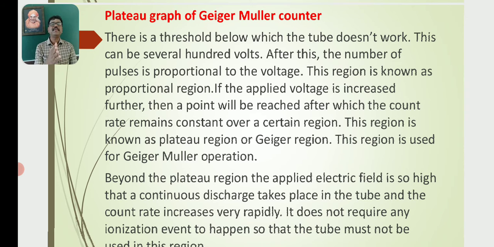If the applied voltage is increased further, a point will be reached after which the count rate remains constant over a certain region. This region is known as the Plateau region or Geiger region. This region is used for Geiger-Müller operation.